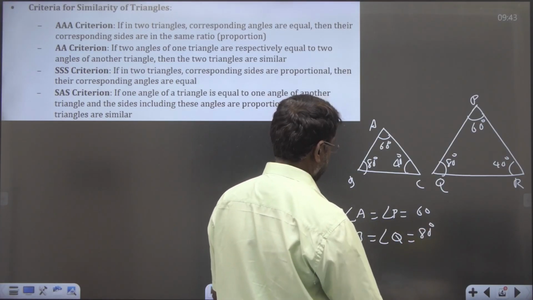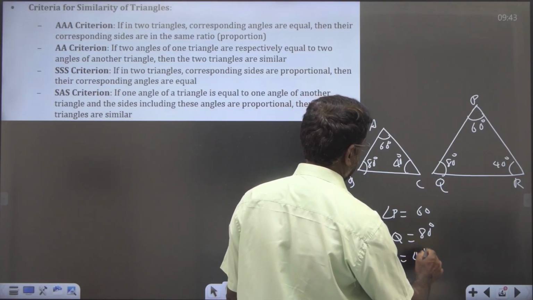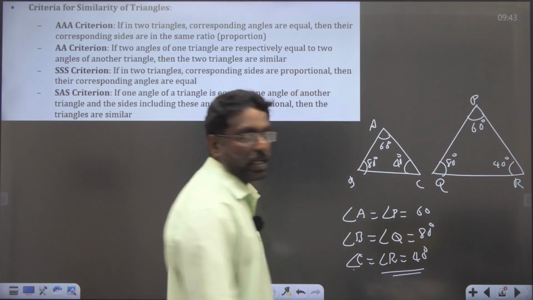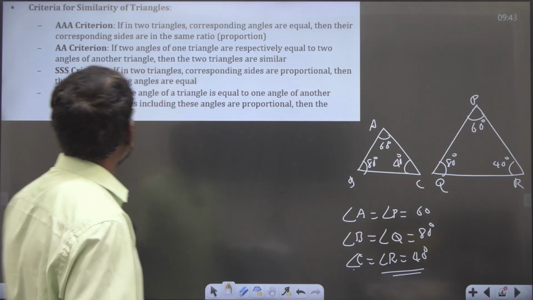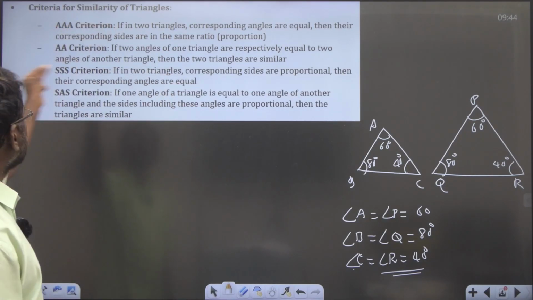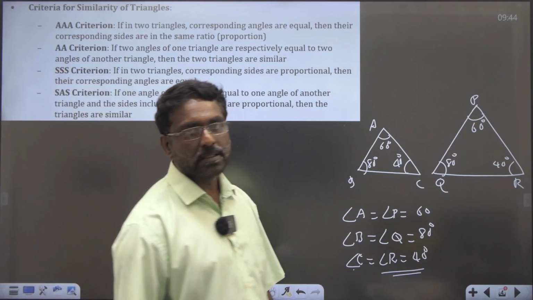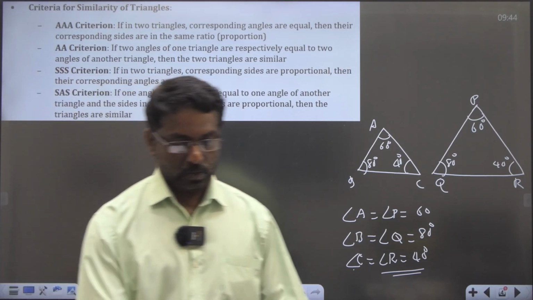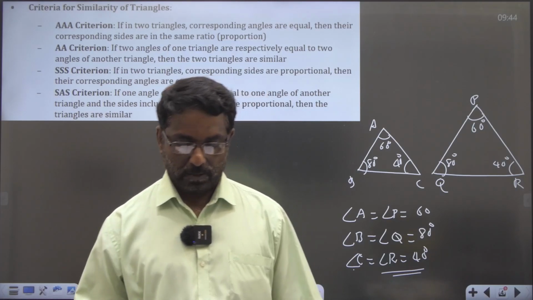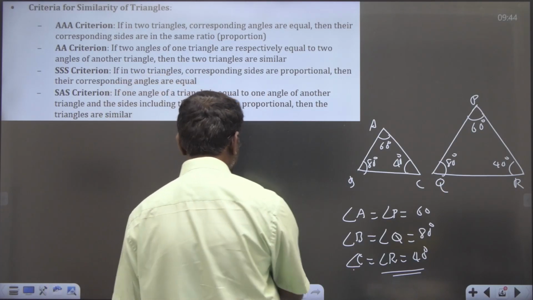Then angle C equals angle R, that is 40 degrees. Three angles are equal. So, using the AAA criterion, we can say that these two triangles are similar. Okay? Clear?